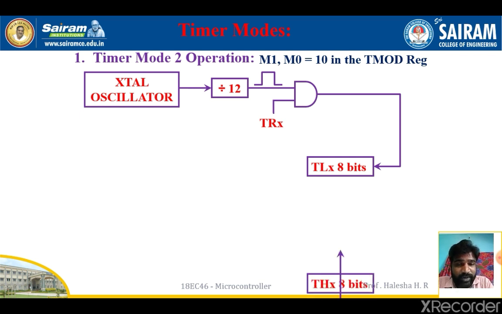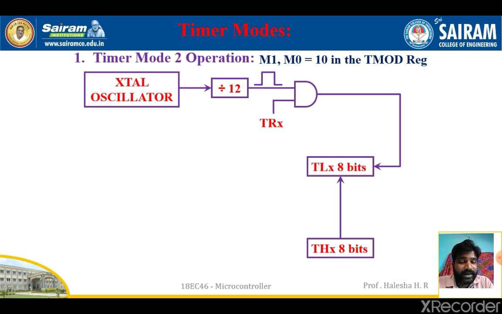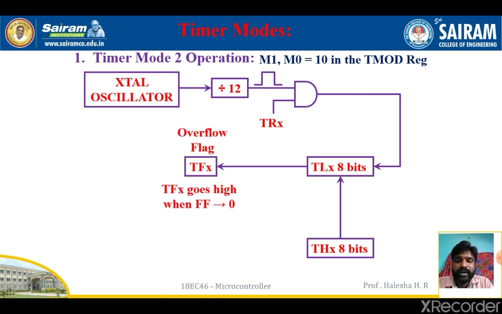The initial value is loaded into the timer I register, and a copy of that value is copied into the TLX timer low register. Whenever the pulses are supplied, TLX keeps on incrementing. Whenever it reaches the maximum, when FF becomes 0, the timer flag will be set to 1, and it generates the timer interrupt.